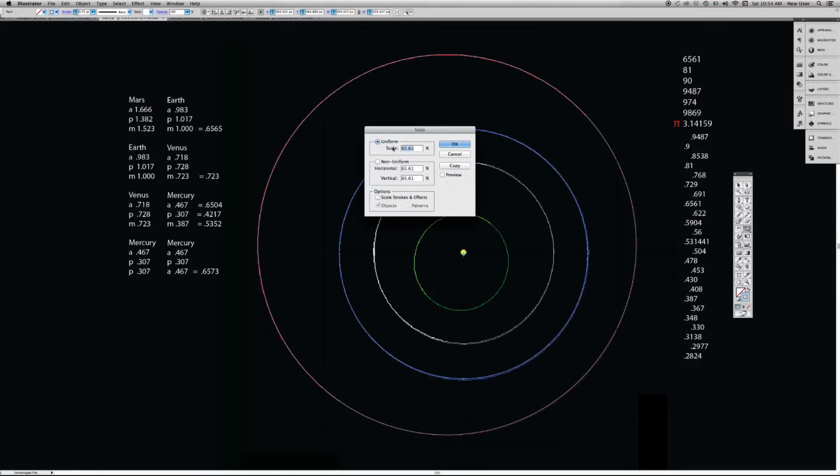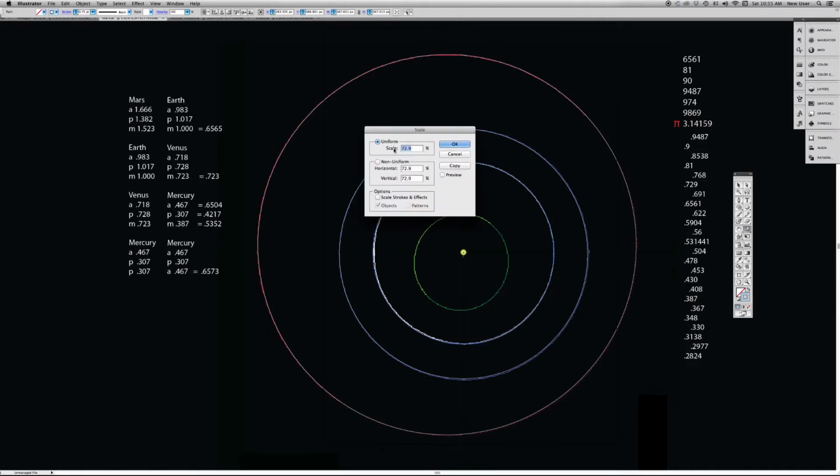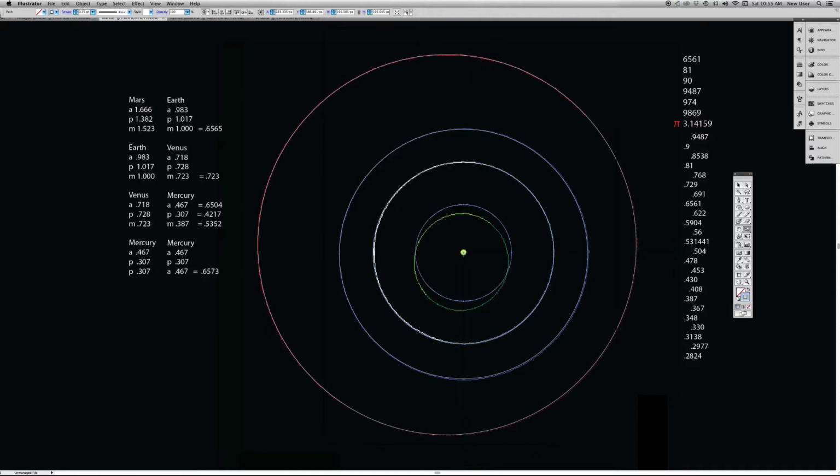And for the Earth, 729 to Venus, and from Venus 53.1441 to Mercury.